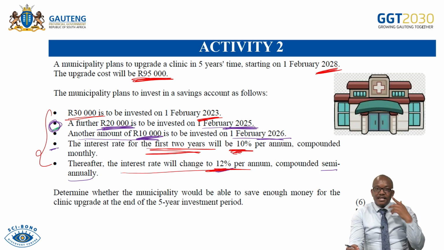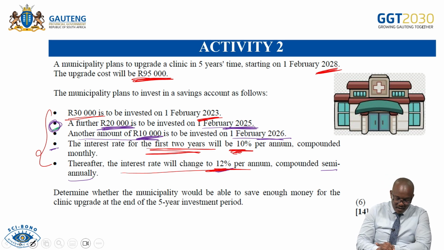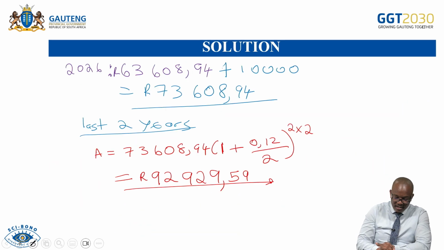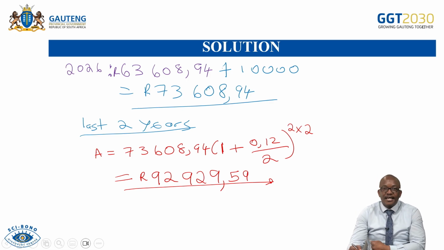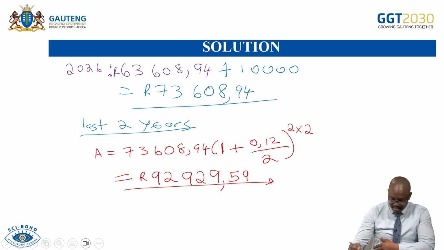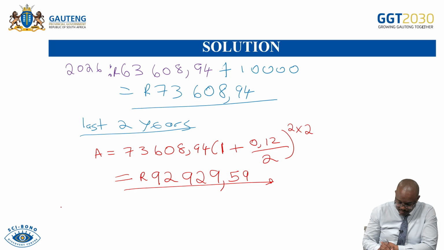They said for the upgrade of the clinic, they need 95,000. But now, how much are we having there in the investment after 5 years? We have 92,929 rand. So you can see that there won't be enough money to upgrade the clinic. So that will be your conclusion.